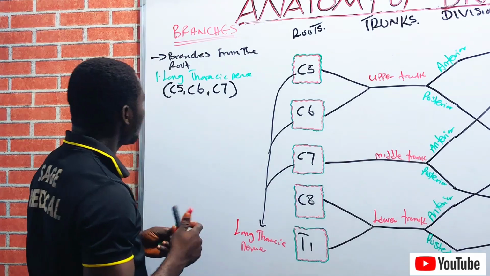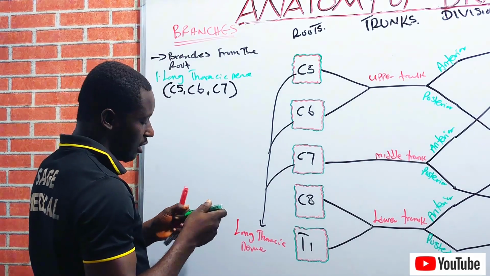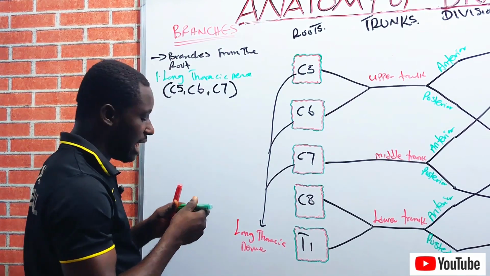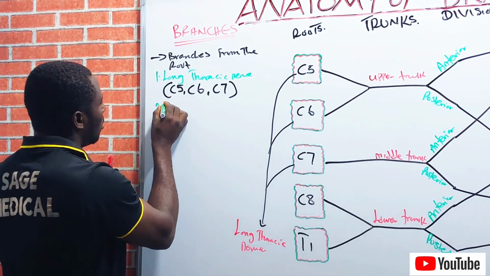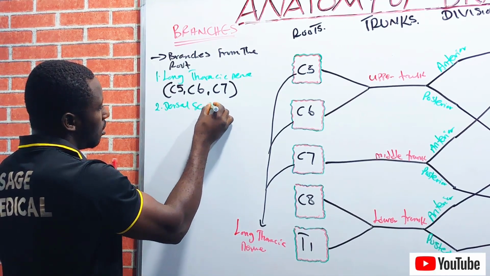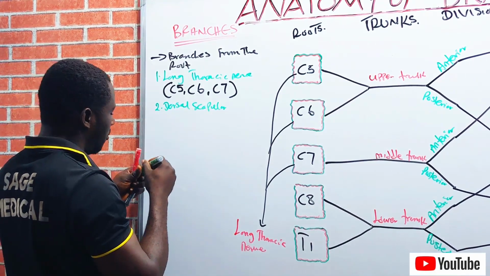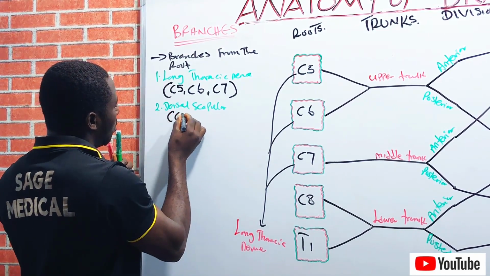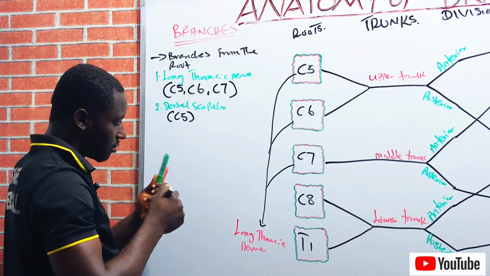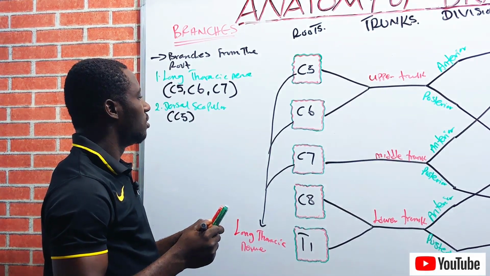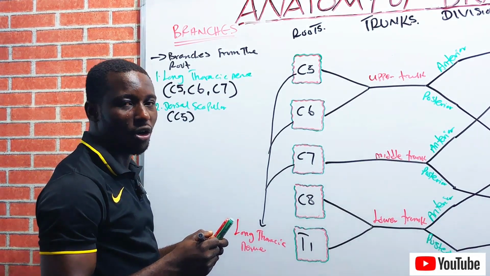Okay. The second branch from the root is the dorsoscapular nerve, which has a root value of C5. The dorsoscapular nerve can be called the nerve to rhomboid.